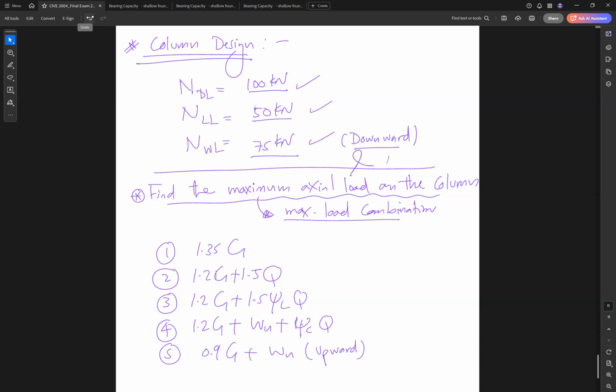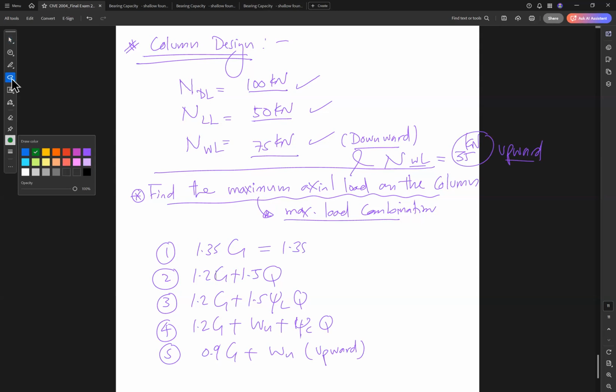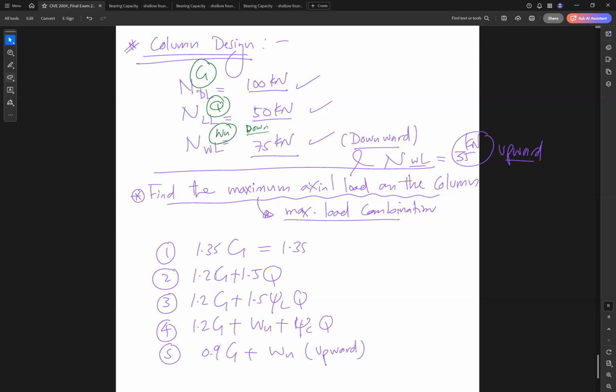and we have another one, like 35 for example, upward. Now you can use them to find this value. For example, 1.35 times what? Not the sum of the loads times G. N dead load is G, N live load is Q, N wind is W, so this W downward, sorry, and this W upward.